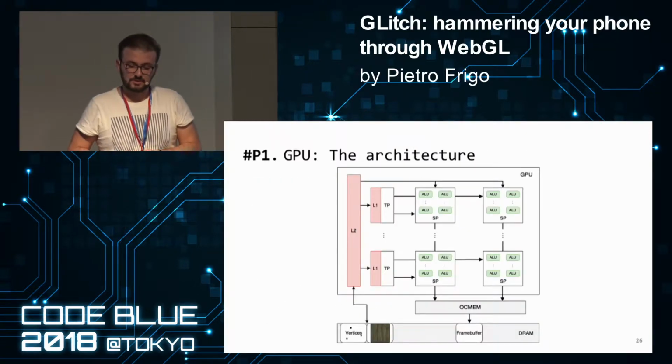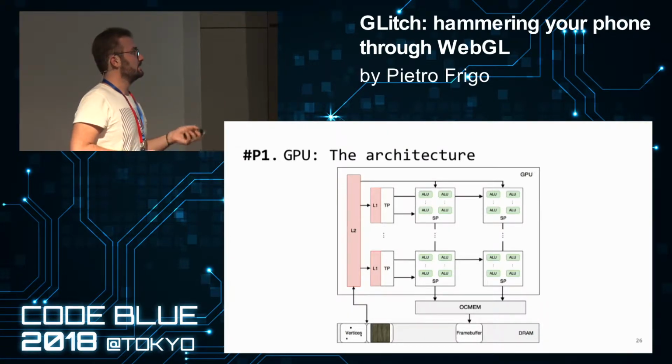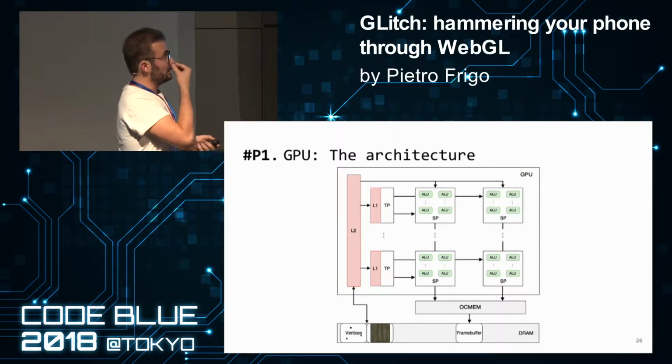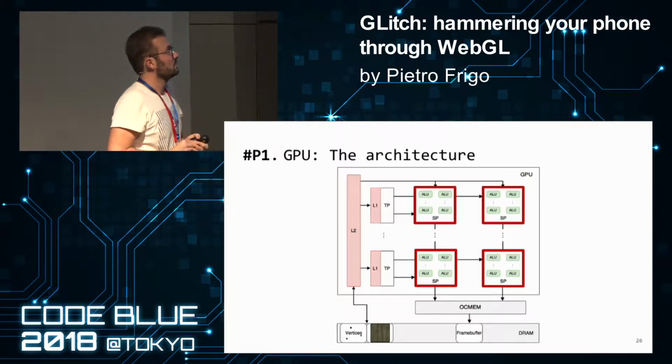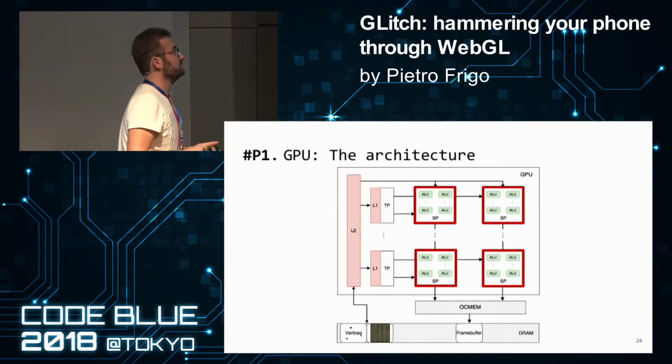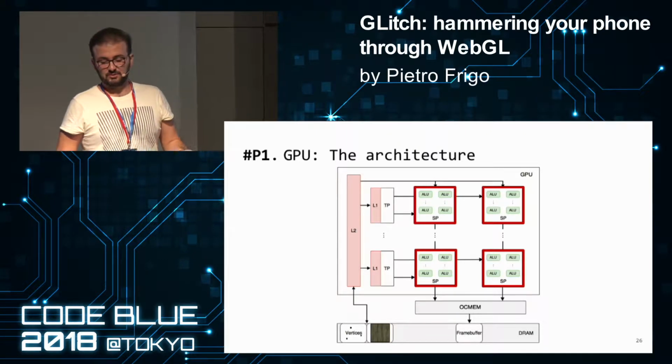Now, how does this work on the GPU architecture? So this is an idea of how the GPU looks like. And you have these units, which are the stream processors, which are basically the main cores of the GPU. And you usually have multiple of them to parallelize as much as possible your computations.